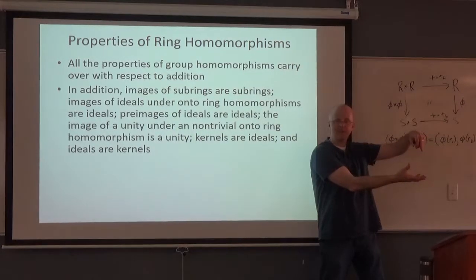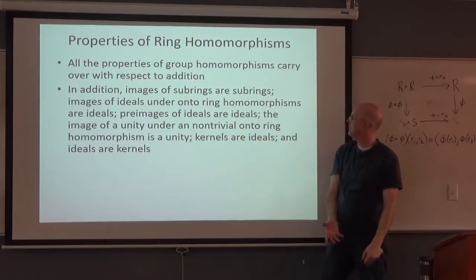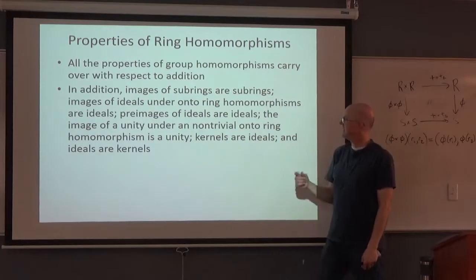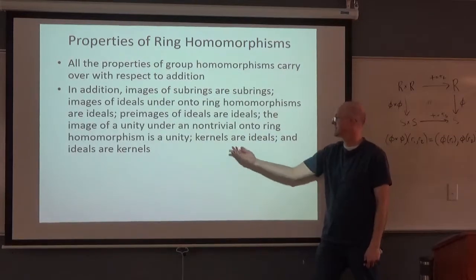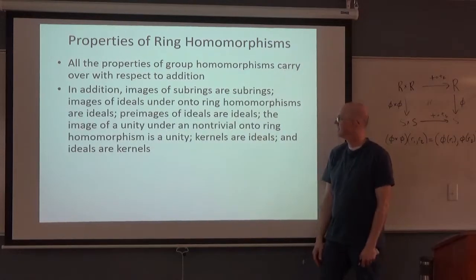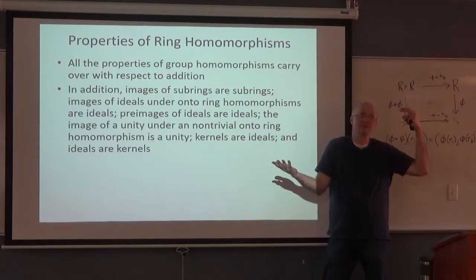Use the phi inverse notation, even if phi inverse doesn't exist as a function, even if phi is not 1-to-1. The image of a unity, 1, under a non-trivial onto ring homomorphism is also a unity. You can prove that even if you didn't know the codomain had a unity to begin with. This would prove it has a unity.